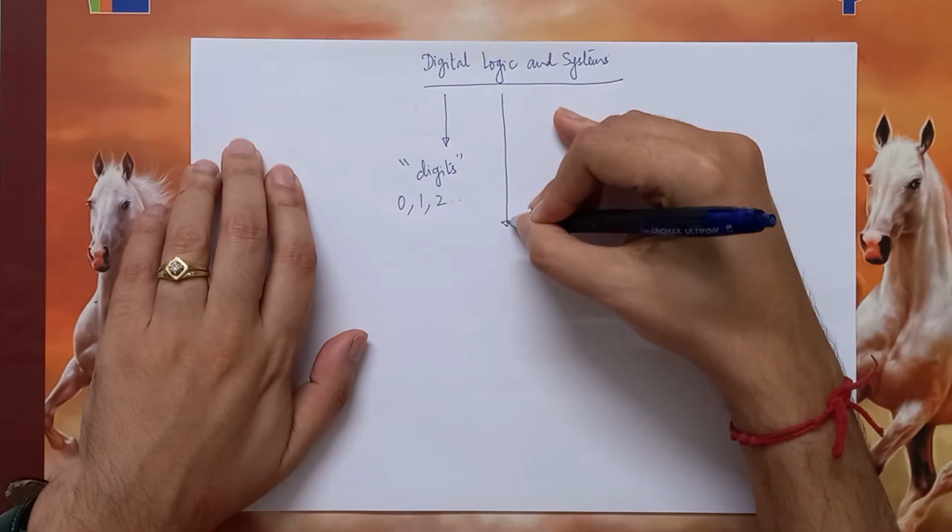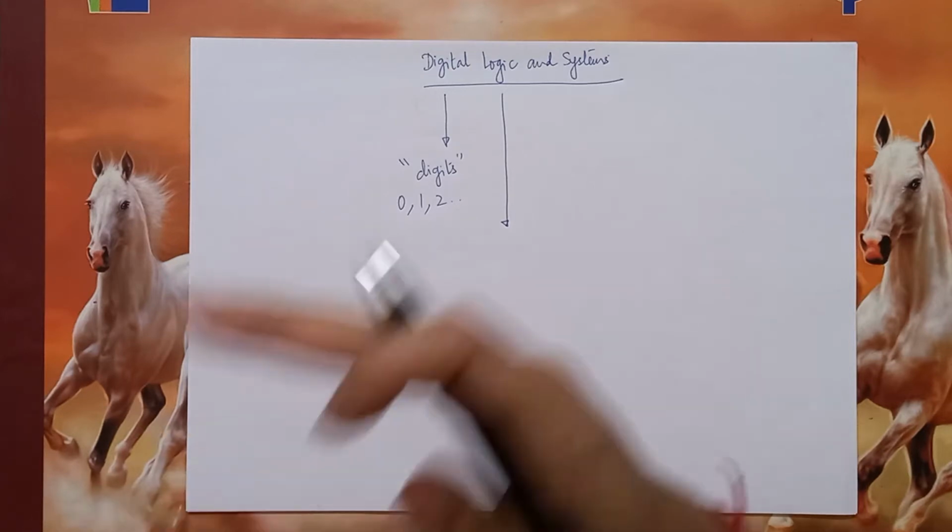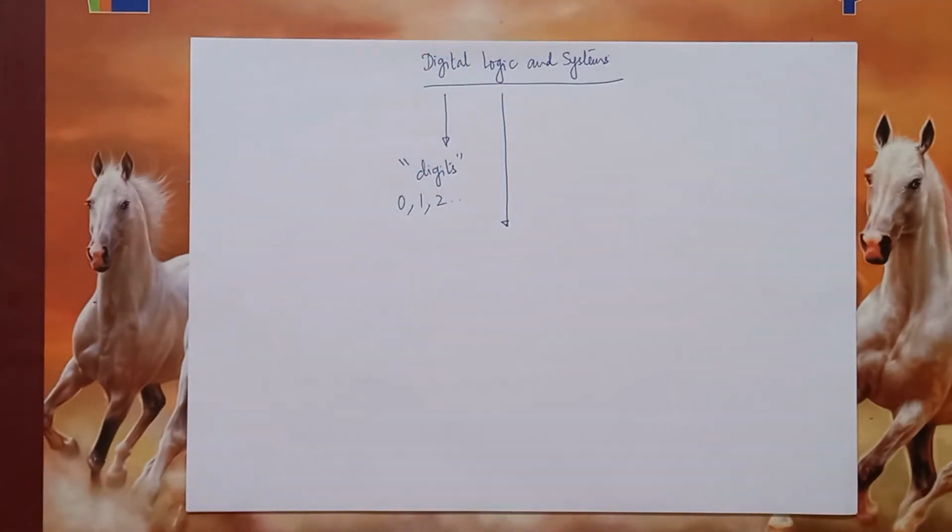Logic. Logic is what? Logic is something which we associate with our own brain and thinking. When we say that this person is a very logical person, that means that this person thinks in a certain well-defined manner and takes the decisions in a very well thought out manner.